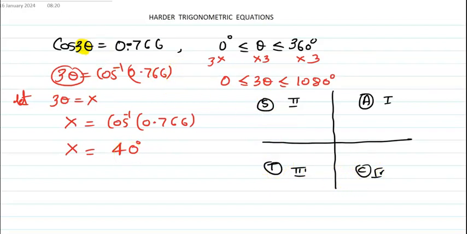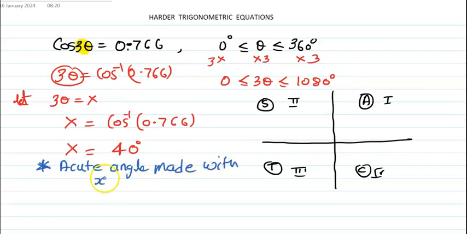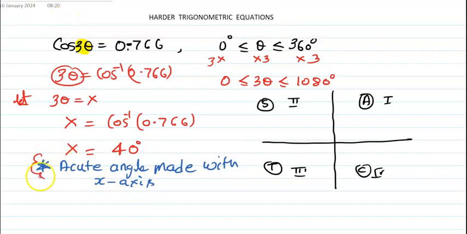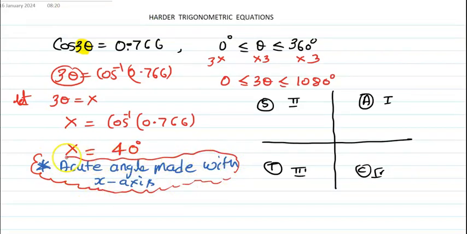So here x is 40 degrees. The important thing you need to remember is that this x is the acute angle made with the x-axis. This is a very important line, the backbone of this question: acute angle made with the x-axis. Is that okay? So here 40 degrees.